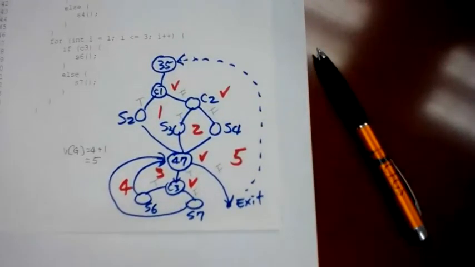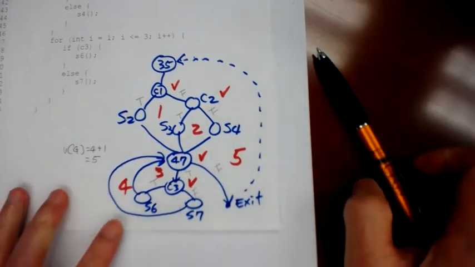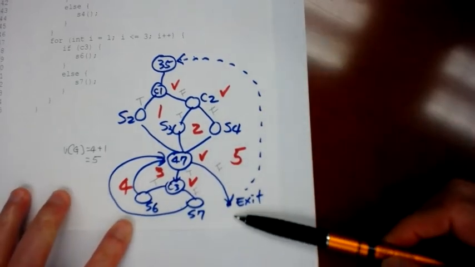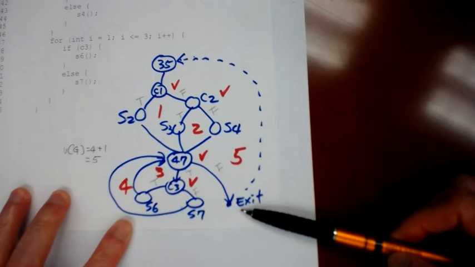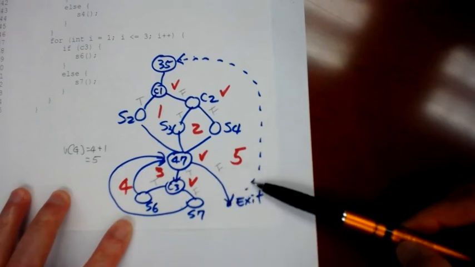I'm going to give you maybe 30 seconds to make a copy of this. Okay, your 30 seconds is up. So here you can see this is my program graph, but it is not strongly connected.